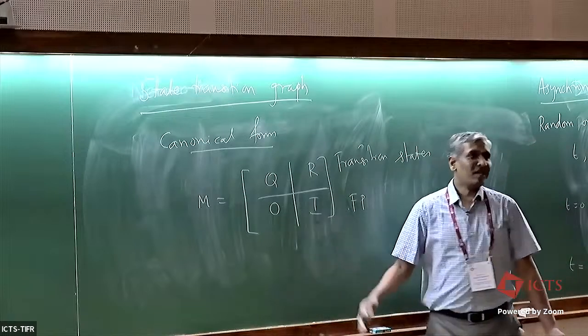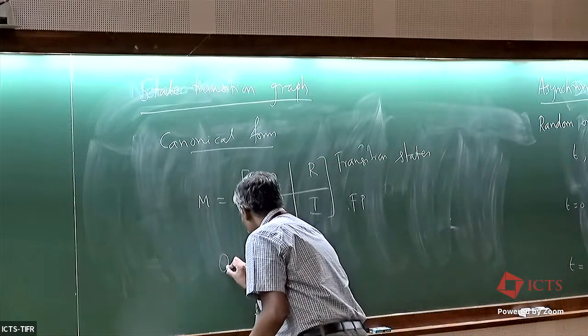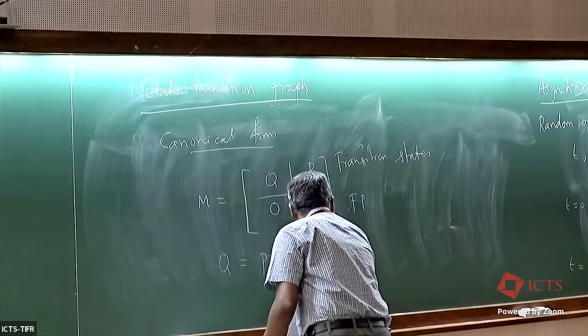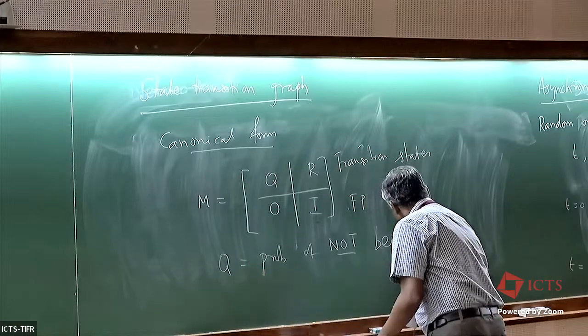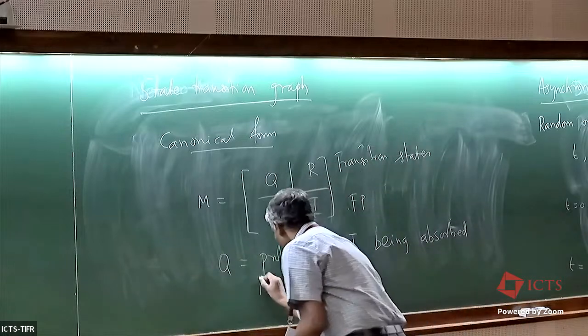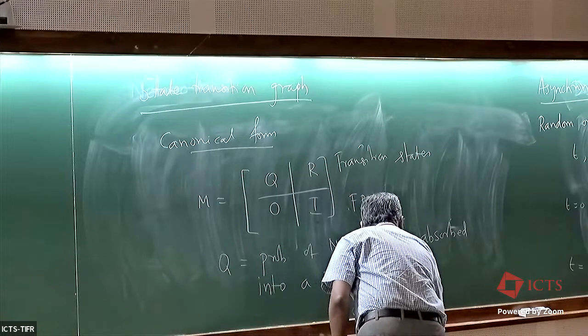And aligning them to this canonical form, you'll immediately see that multiplying these state transition matrices would give you a certain form which is very easy for calculations. Okay. So Q, in real terms, is the probability of not being absorbed into a fixed point in 1 step.